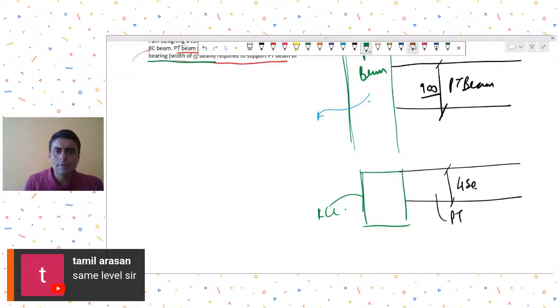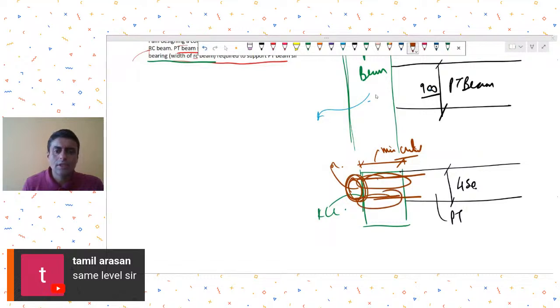Second thing that comes to my mind is that whatever PT system is being employed will have some sort of tightening arrangement over here. Although I don't know it, if there are any minimum criteria for the development or embedment length of these strands inside the RCC, that will decide the width of this RCC beam. Other than that, I don't know if there are any additional concepts.